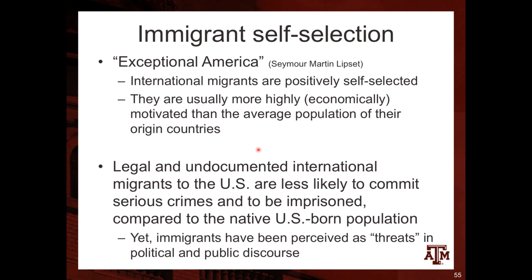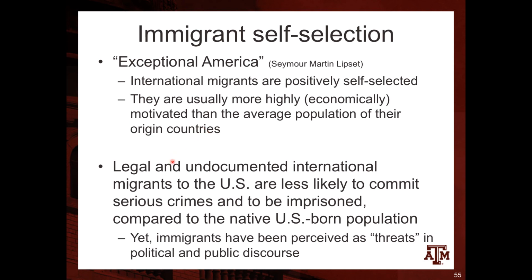They usually have higher levels of education and training compared to the average in their home countries. We saw in the previous graph that the foreign-born population has a higher percentage with less than high school compared to the US-born population. But if you compare this foreign-born population to the population of their origin countries, they have better socioeconomic indicators, including education.